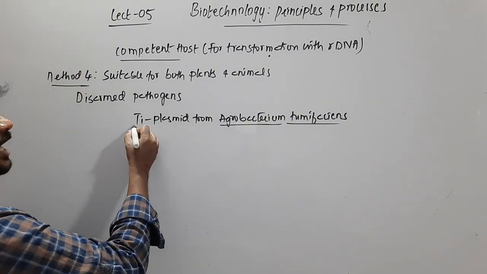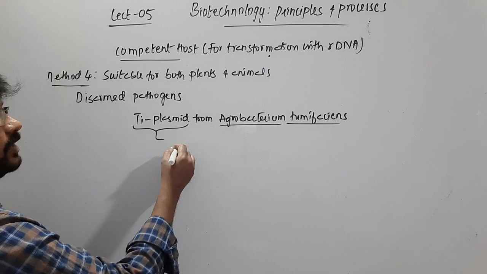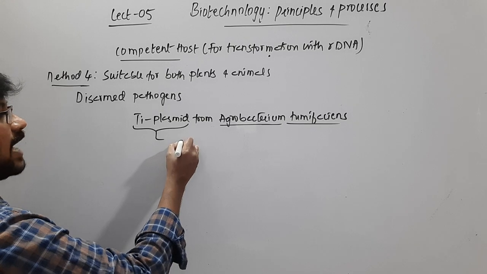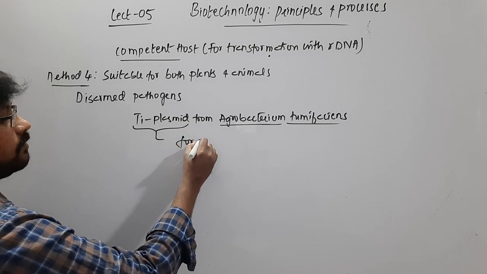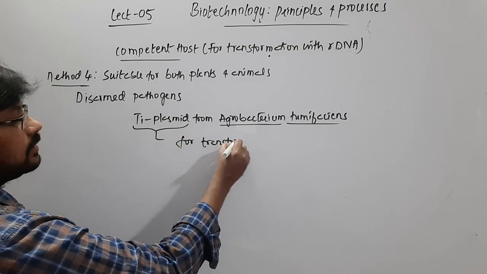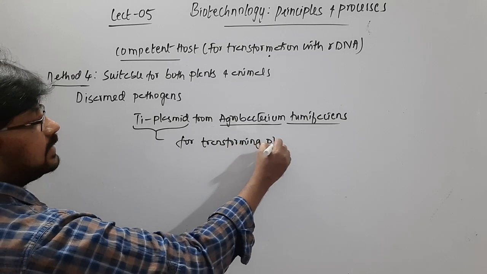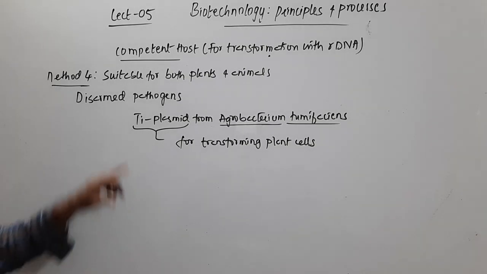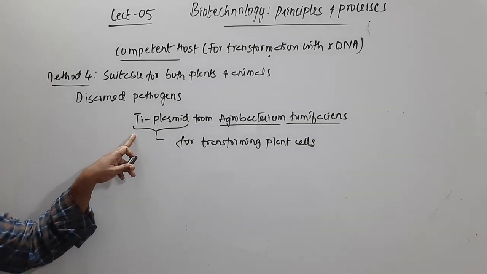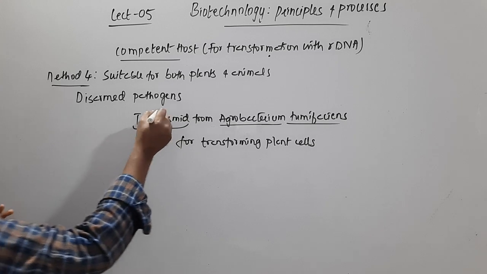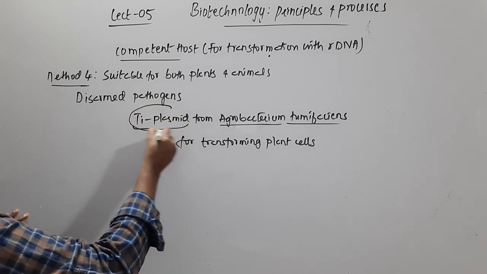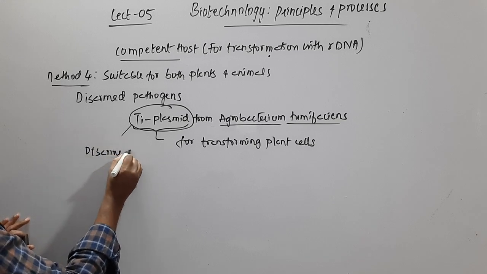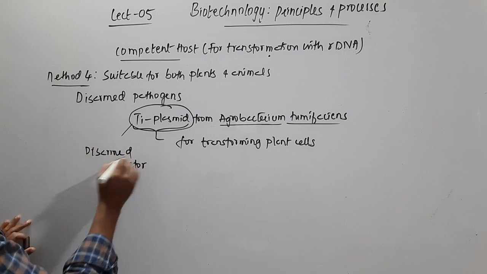These Ti plasmids are usually applied for transforming plant cells. So the Ti plasmid is now a disarmed vector.